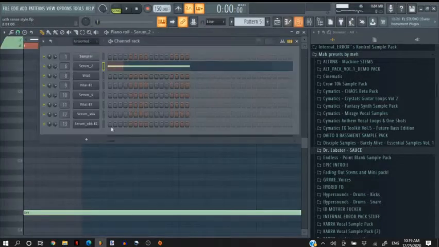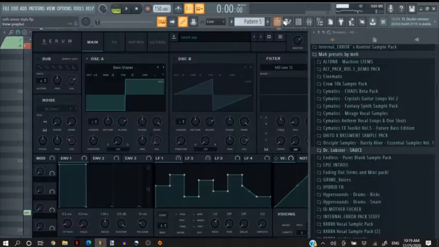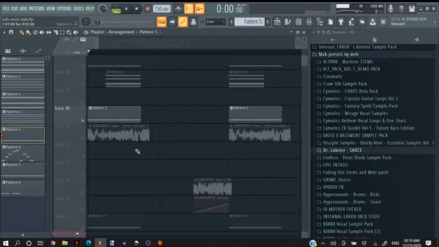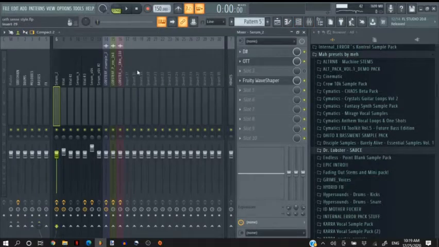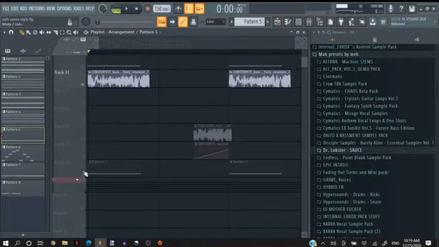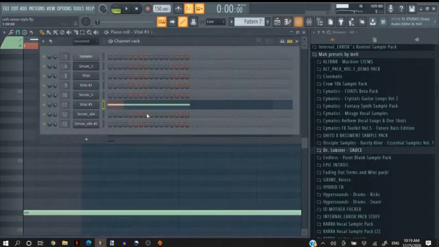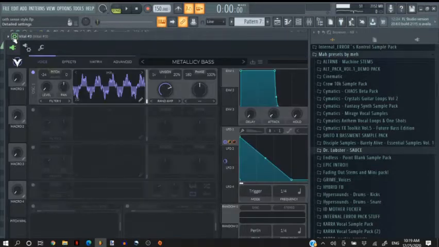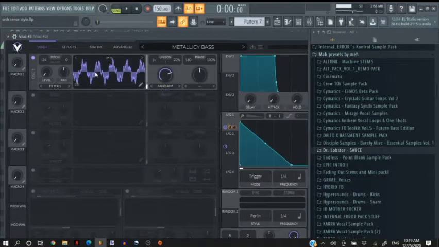It's just an ARP, a sort of ARP with a convolver, OTT, and some distortion. And I have this bass sample that is also just a convolver, OTT, some EQing. And then I have this Vital preset that I made a while ago. Last time I was working on an idea, I made it and I tweaked it a little and I got this.